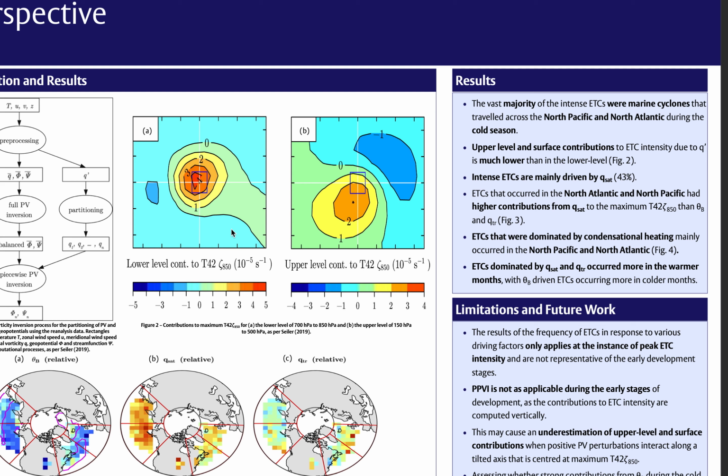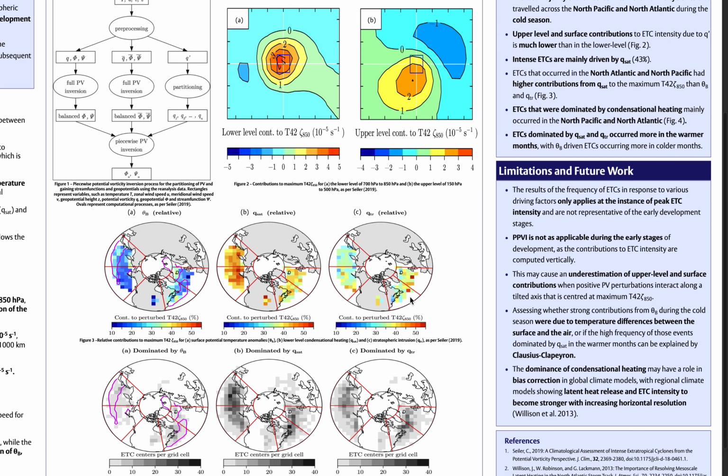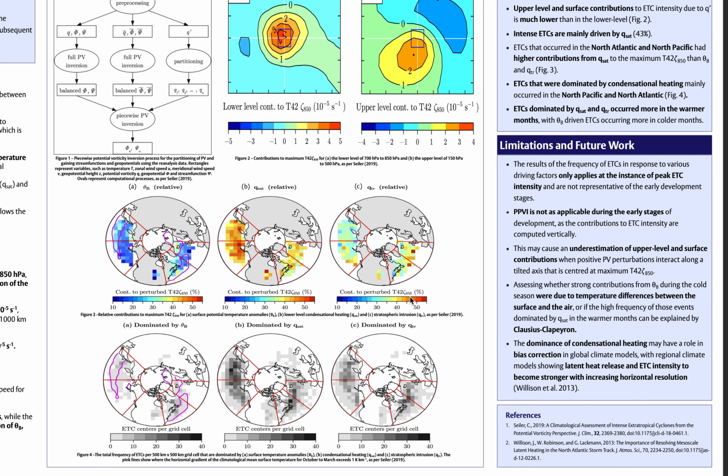Most of the extratropical cyclones were mainly driven by condensational heating, but I think the main and most interesting conclusion from this study is that Figure 3 shows that the extratropical cyclones that occurred in the North Pacific and the North Atlantic had higher contributions from the lower level condensational heating, and that these were the ones that were dominated by the condensational heating, as shown within figures 3 and 4 here.